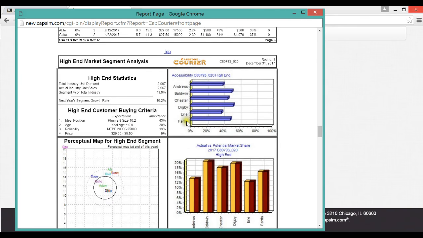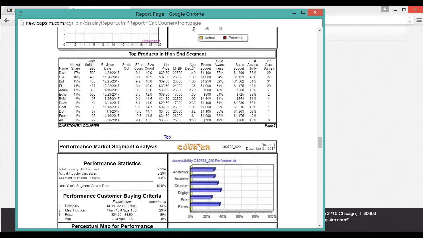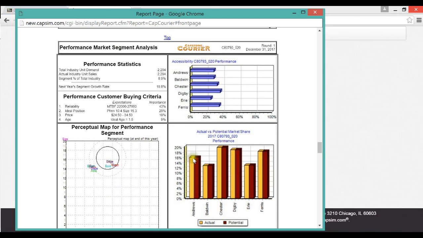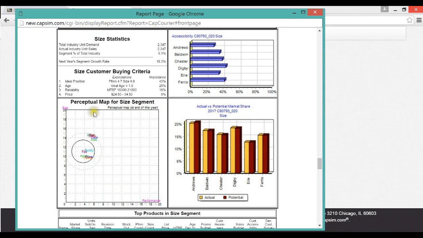The high-end market segment, here I am maybe a little below average. Performance segment, average. And the size market segment, I'm actually leading. So I want to try to capitalize on that as well.